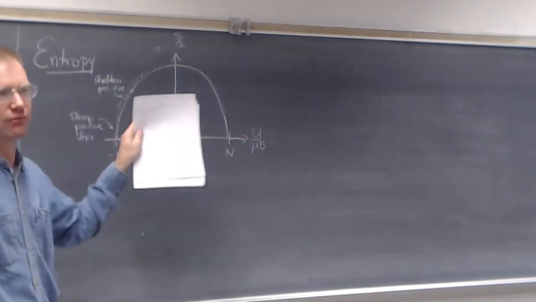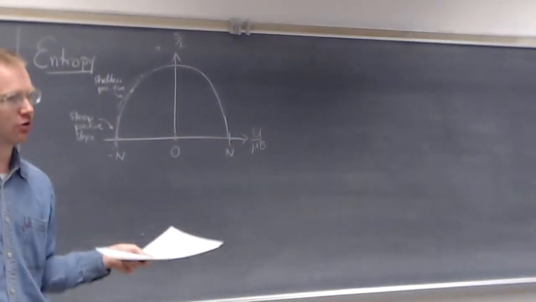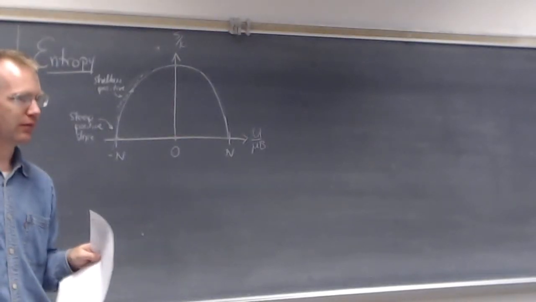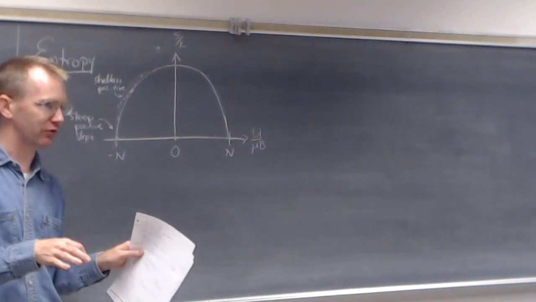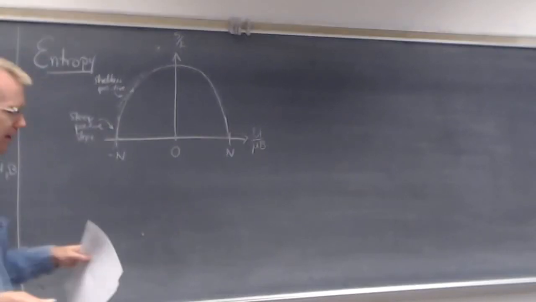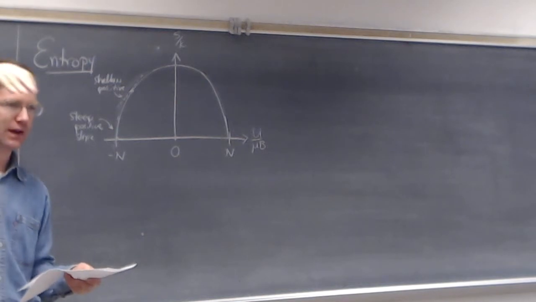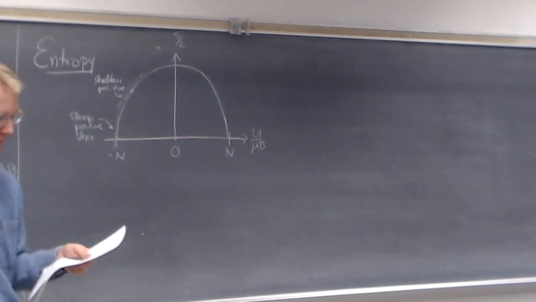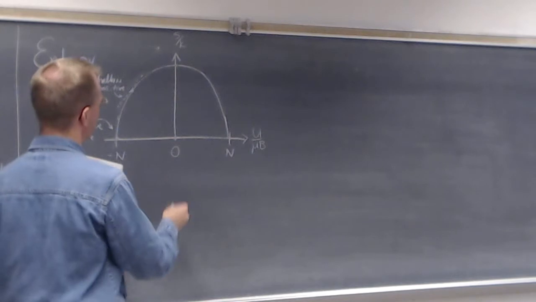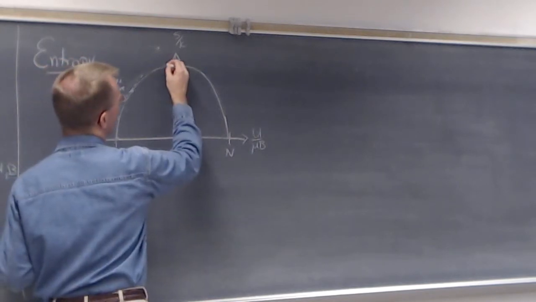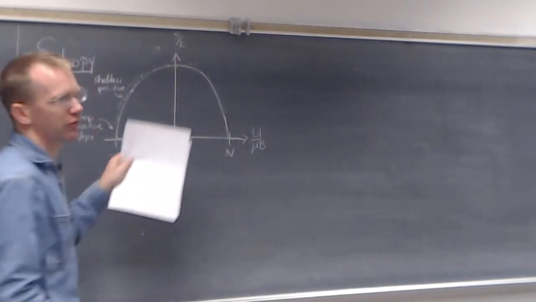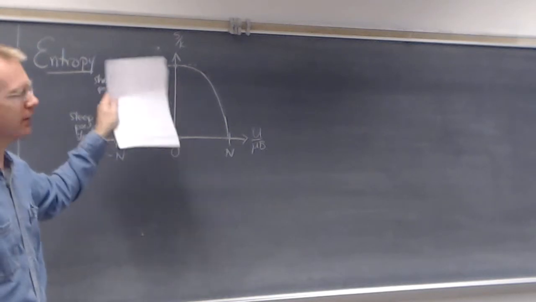When you get to an energy of 0, by the way, what does it mean to have an energy of 0? That's not the lowest energy state in this case. It's not like a gas. That means that you've got an equal number of dipoles pointing up, the low energy state, and pointing down, the high energy state. At that point, the slope of the entropy graph is 0.